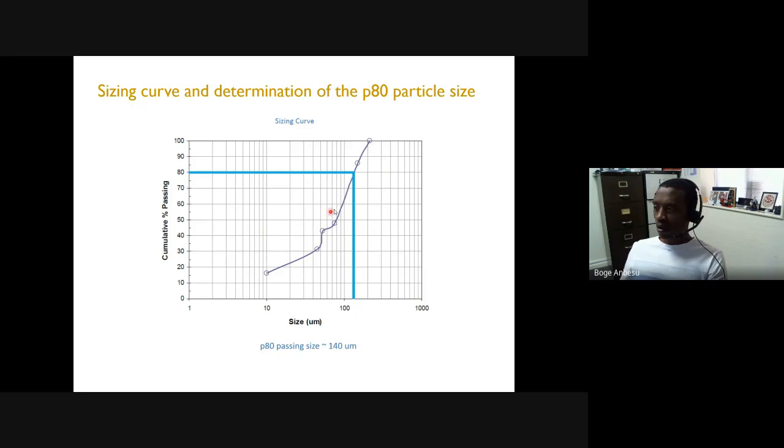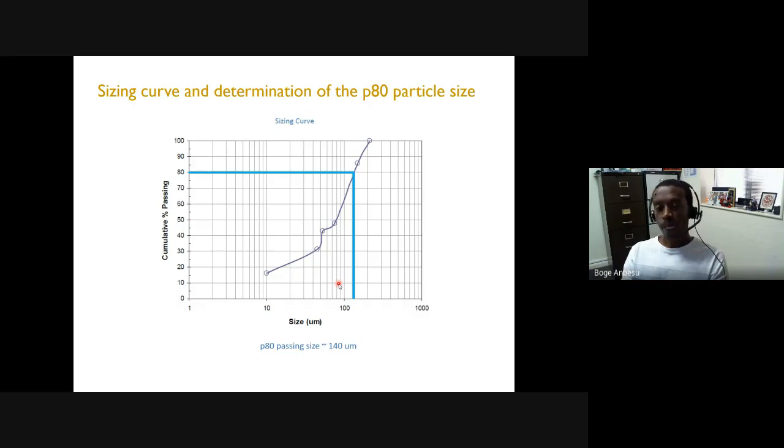Maybe this one is shown in this distribution here, but it's possible that you can have another distribution that follows something like this, still passing through the P80. I can have other particle size distributions that may look like this. So again, it doesn't tell you what happens below or above that particular size. It's a very crude way of reporting particle size distribution, but it is probably one of the most common figures that you find in many places.